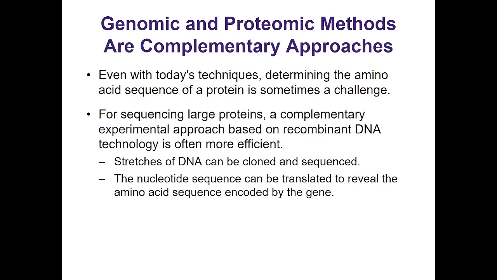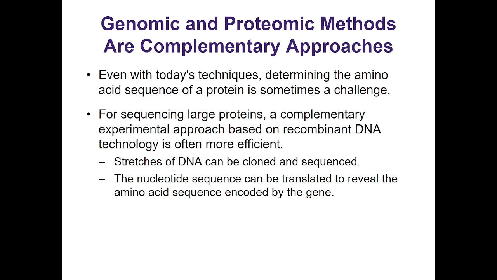Okay, so even with today's techniques, determining the amino acid sequence of a protein actually can be very challenging. Keep in mind we have to cut these things up into fragments, right, to do this and get overlapping to figure out where these things are, even using the MS techniques, the mass spectroscopy techniques. And so when you're talking about a 10,000 amino acid protein, that can be a lot of work, right? Okay.